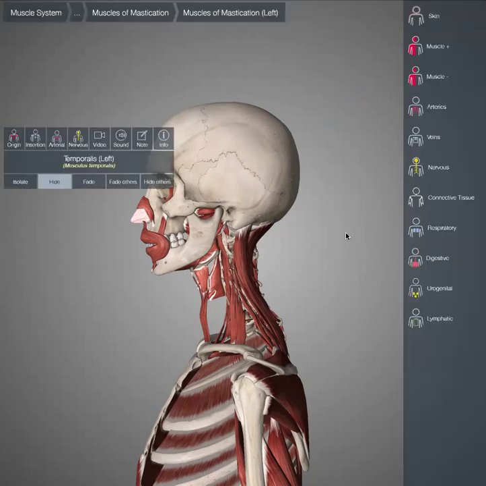I just have a fast question. We learned that there's an exception, the nerve to mylohyoid. Where does it come from? Yes, I'll tell you now. The nerve to mylohyoid is a branch of the inferior alveolar.